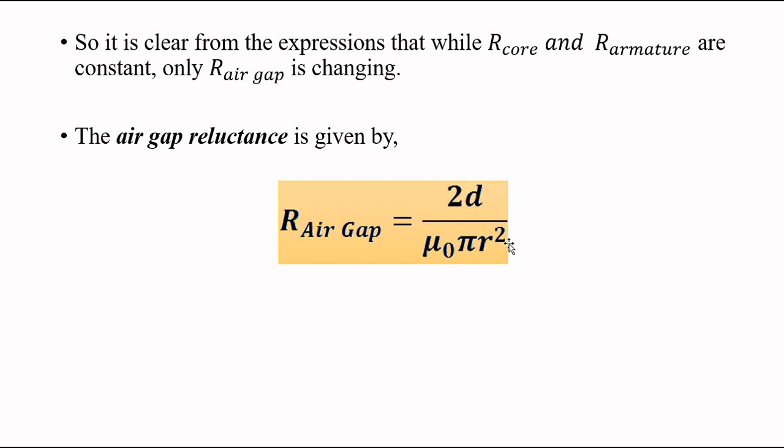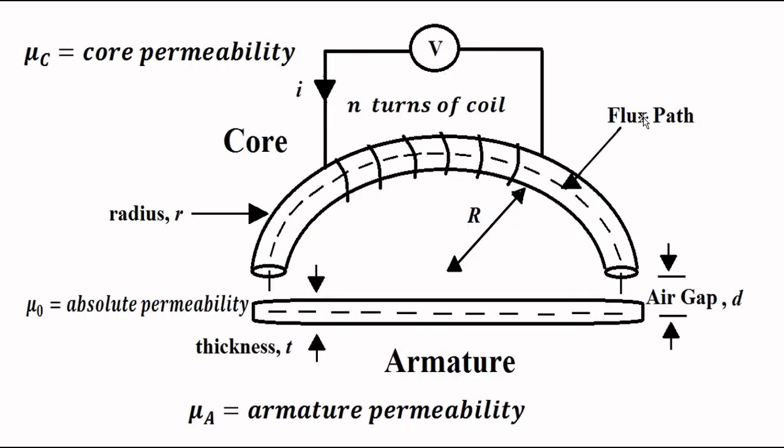So here these are the parameters. N is the number of turns of coil, r is the radius of the arc of this semicircular core, T is the thickness, D is the air gap, and R is the internal radius of this core and this tube, which is the armature, rod shaped.